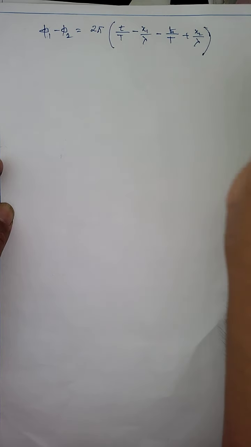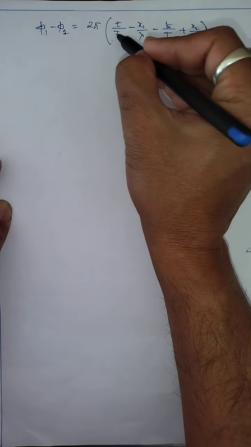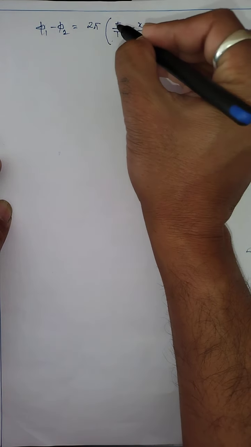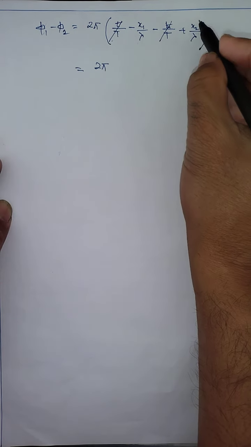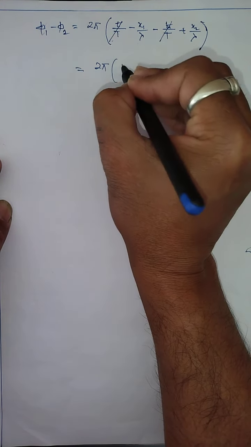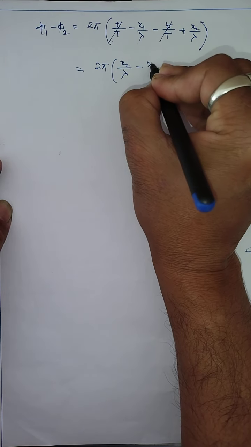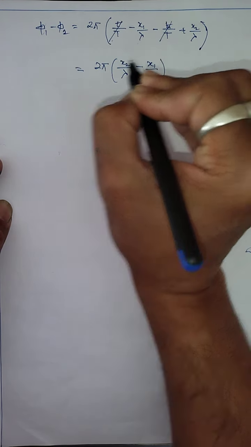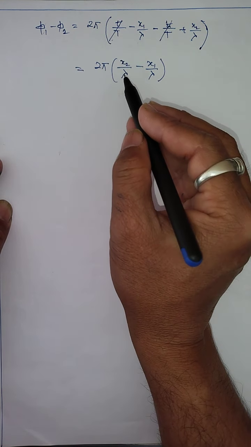So I have taken the common factor from both expressions. The 2 pi is common, so t by capital T minus t by capital T cancels out. Now what remains is 2 pi, x2 by lambda minus x1 by lambda. That means phi 1 minus phi 2 equals 2 pi, x2 by lambda minus x1 by lambda.